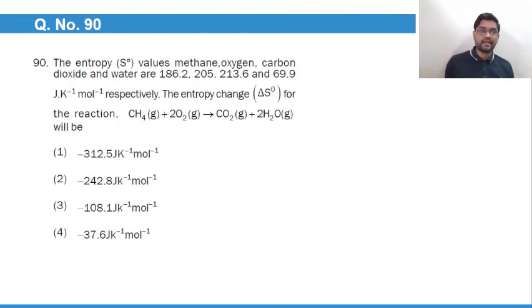Okay. 90. The entropy values of methane, oxygen, carbon dioxide and water are given. The entropy change for the reaction, okay, so entropy change we are going to calculate. Entropy change is what? Product minus reactant. So entropy of CO2, the third one, that is 213.6, plus entropy of water, twice the fourth value, that is 69.9.